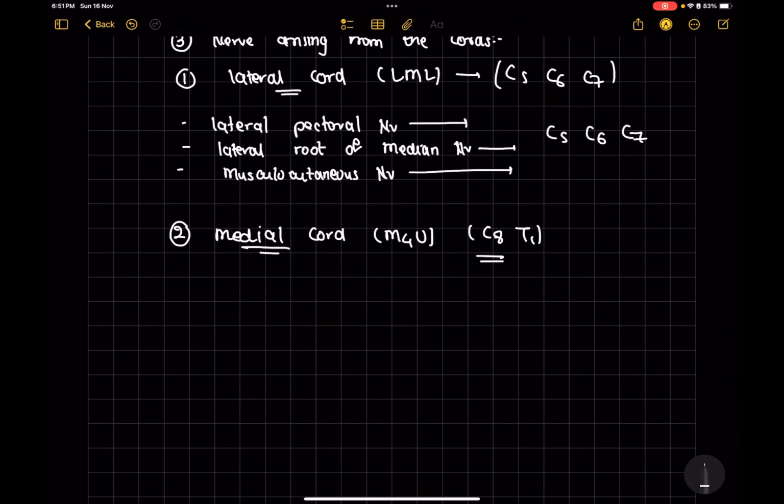Okay, see for this one thing. We have lateral pectoral nerve, so from this you can understand there might be one medial pectoral nerve also. So yes, there is medial pectoral nerve also, which comes here. We have lateral root of median nerve, so one might also say we would have medial root of median nerve also.